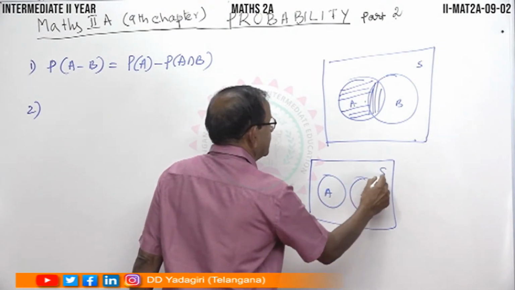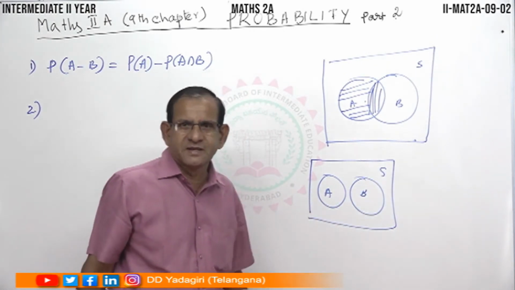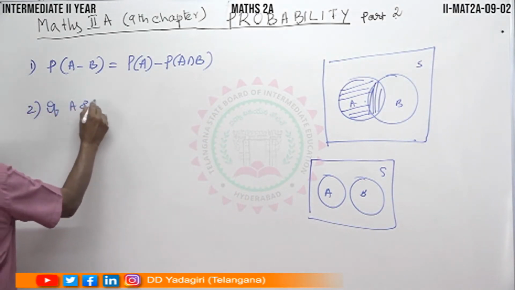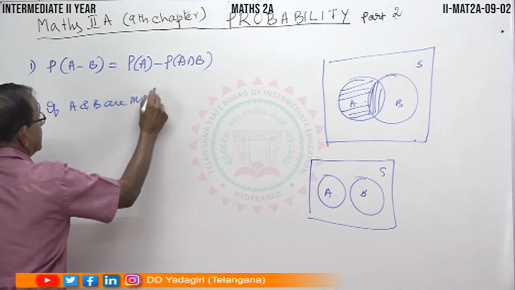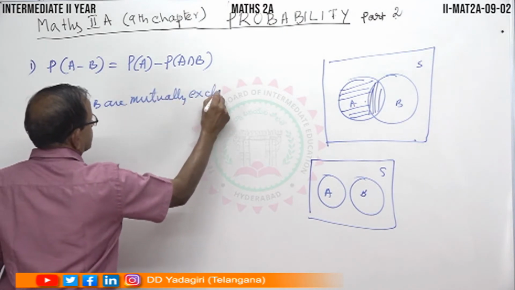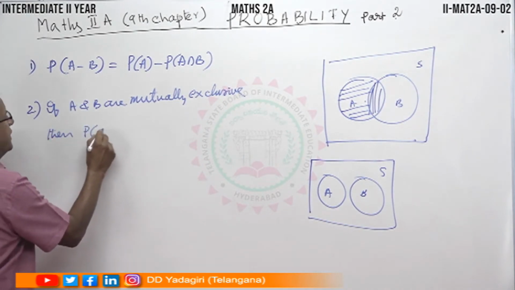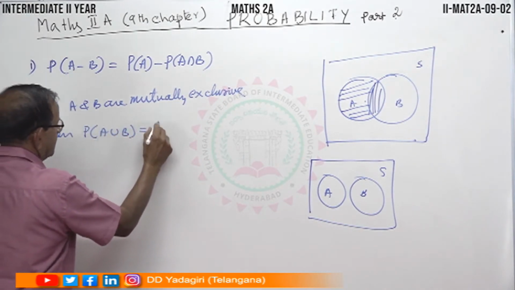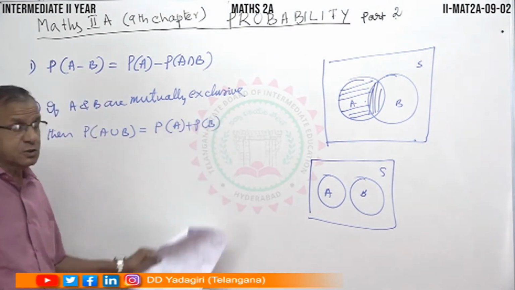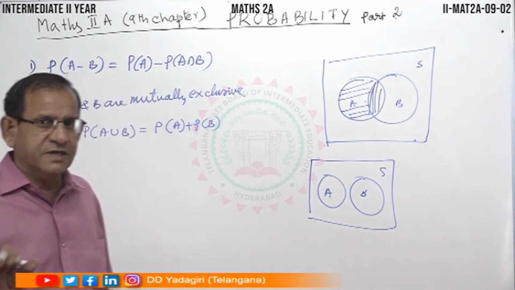This is A and this is B. Then P of A union B can be taken as P of A plus P of B. If A and B are mutually exclusive, meaning no common sample points, then P of A union B is equal to P of A plus P of B. But those two sets should not have any common sample points. That is the main thing.